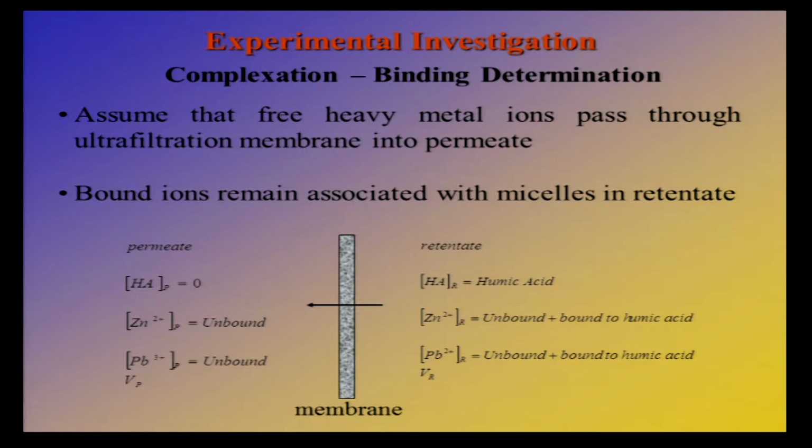So in other words, I do a material balance and I work out how much of the zinc is present in this free phase and how much of it's present in this trapped phase. So for the bound ion, we assume that the free heavy metal moves through the membrane, and we assume that the bound ions remain associated with the micelles.